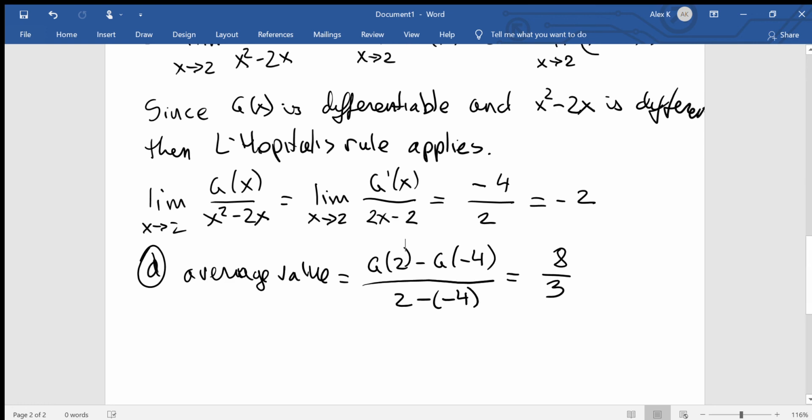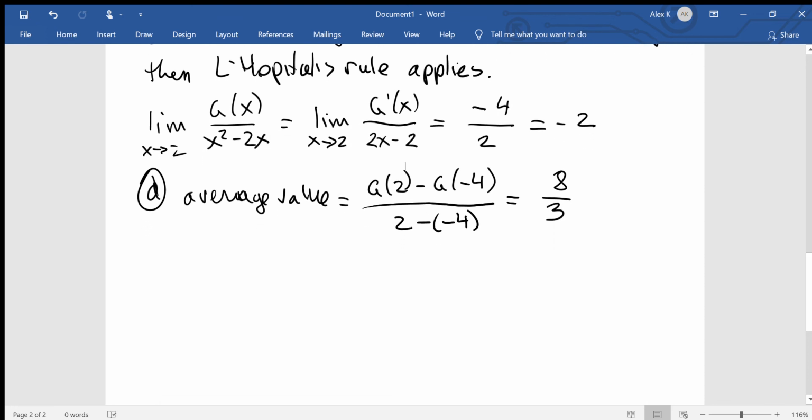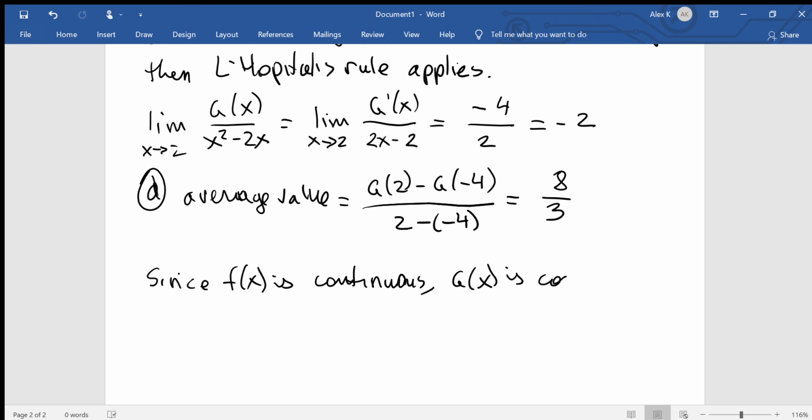So does the mean value theorem apply here? And yes, because the function needs to be continuous and differentiable. So we know since f of x is continuous, we know g of x is continuous and differentiable.